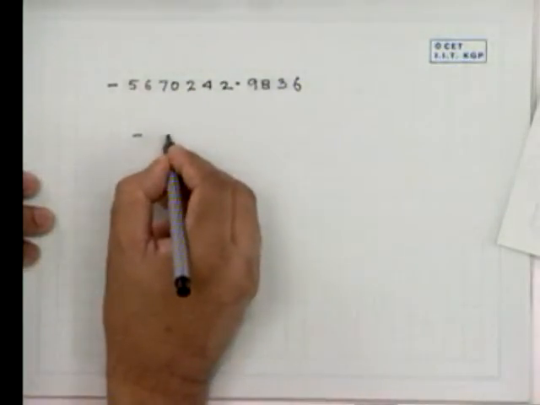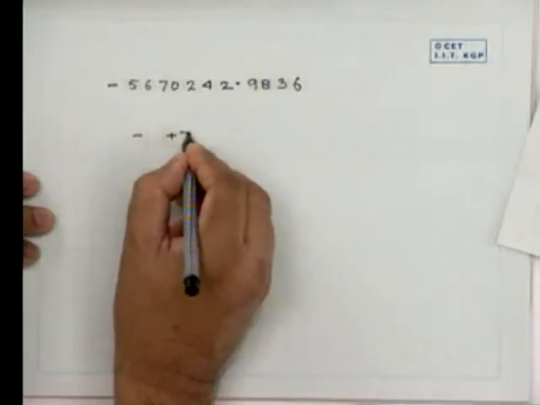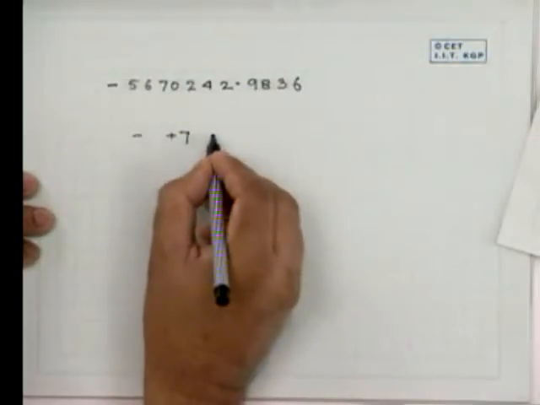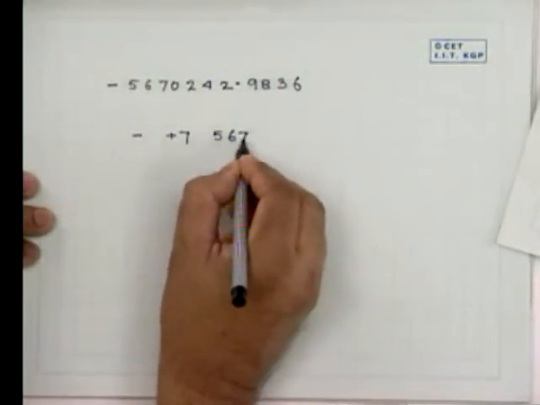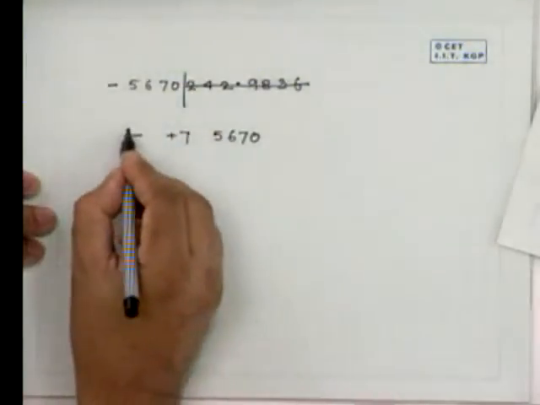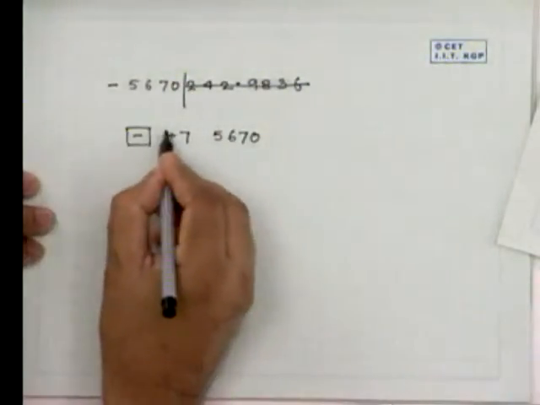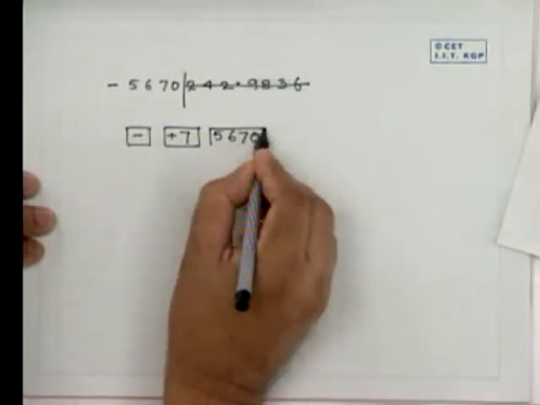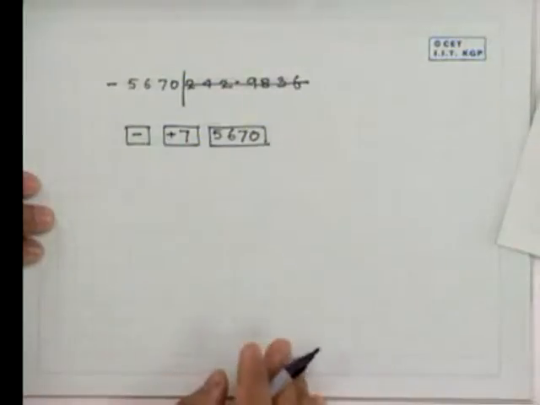Therefore, minus, plus 7, and then we can represent only 4 digits, which are 5, 6, 7, 0. All the digits from here have to be truncated. Therefore, this is our sign position, this is our exponent, and this is what we call our mantissa or significand.